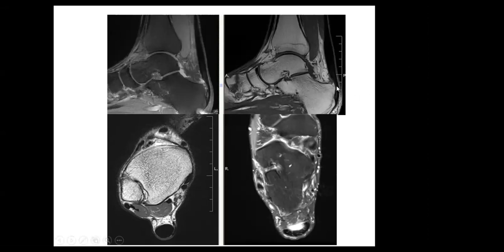Insertional tendinosis happens here, and most of the times we see it in patients with seronegative arthropathy like psoriasis. So that's why it's important we distinguish between insertional versus non-insertional tendinosis, because the pathology is very different, the treatment is very different, the prognosis is very different.